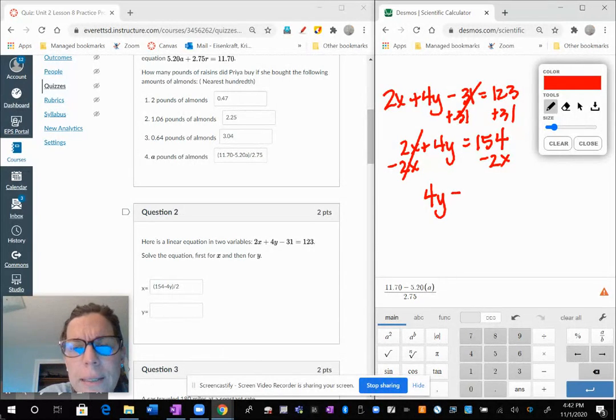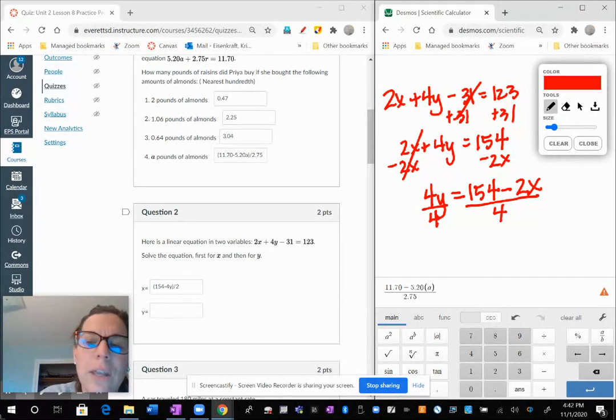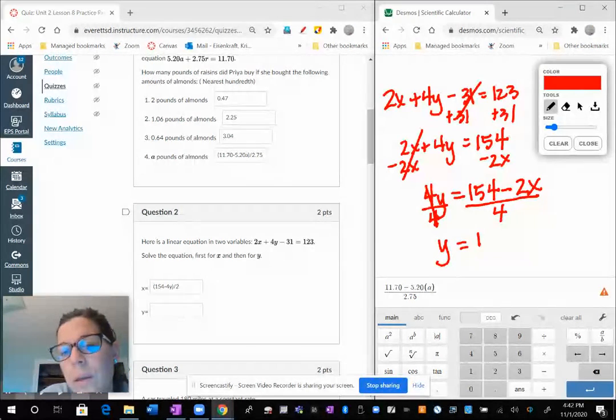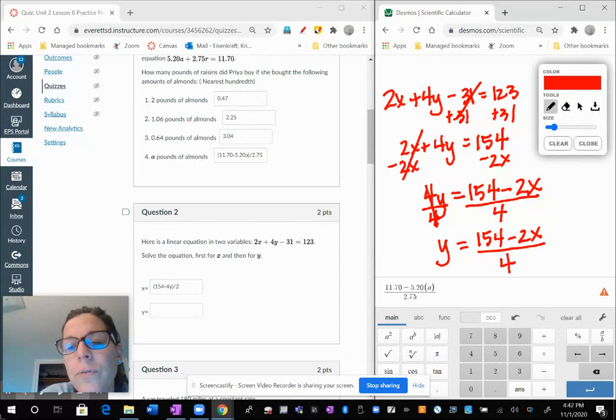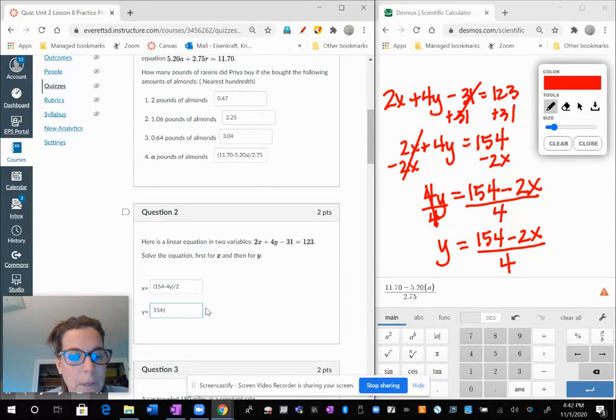So 4y is 154 minus 2x. Those do not go together. Then divide by 4. And you have to divide the whole side by 4. So y is equal to 154 minus 2x all over 4. Yay! 154 minus 2x. We need all of that divided by 4, so you have to use grouping symbols.